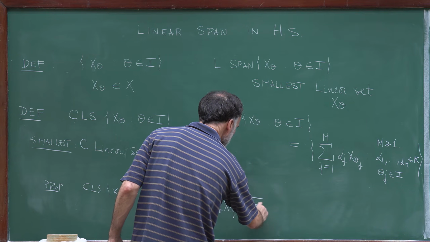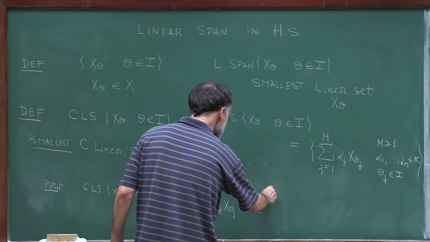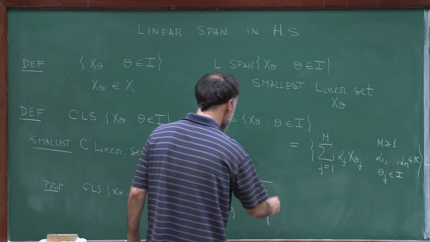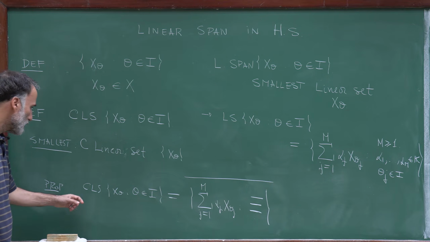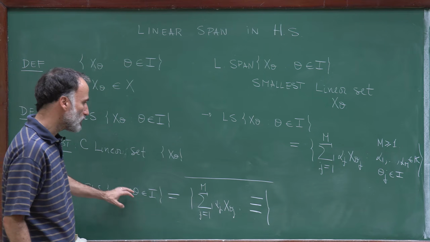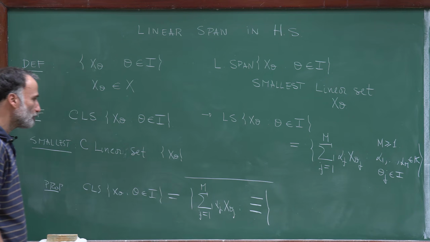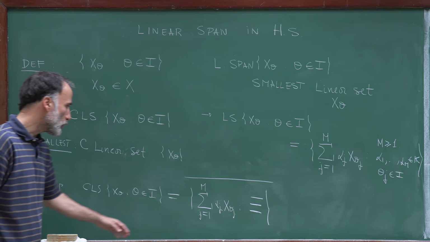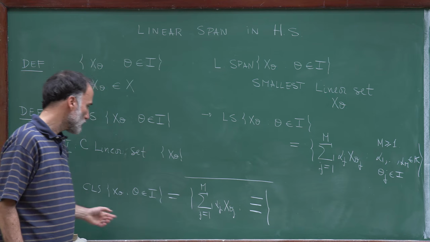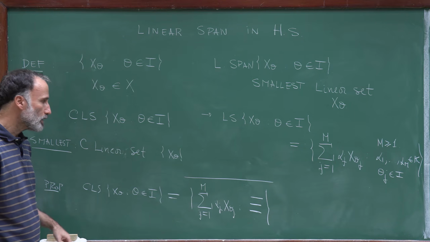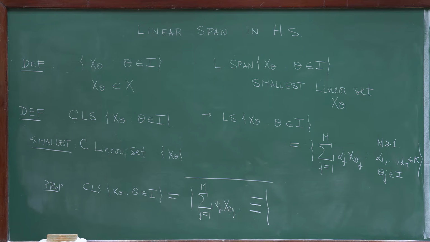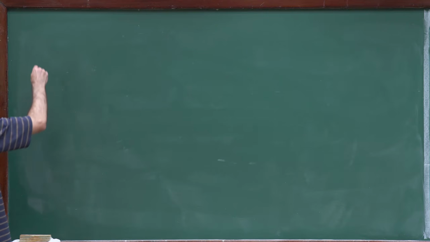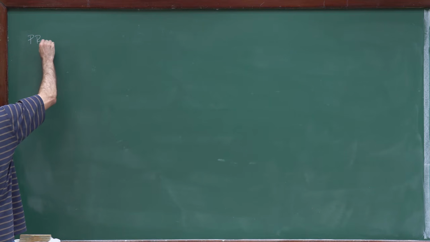So I don't rewrite these three conditions. We take this set, we take its closure, and we proved that the closed linear span of this family is given by this set. So now what I claim is that in the context of Hilbert spaces, we have a simpler characterization of the closed linear span of a set, and this is one of the main topics of this lecture. So let's start with a proposition.